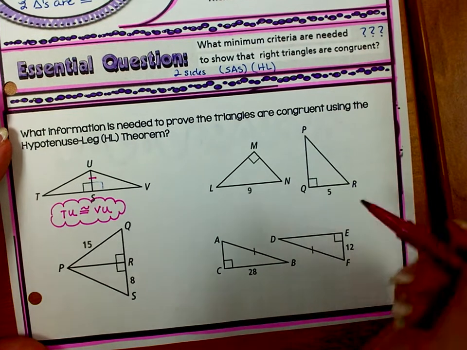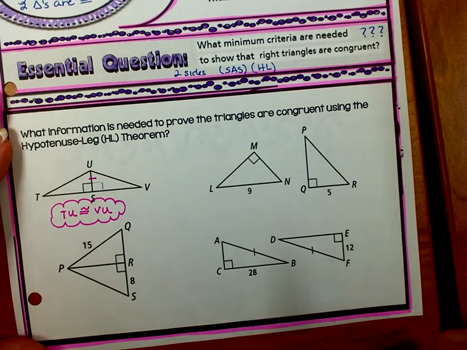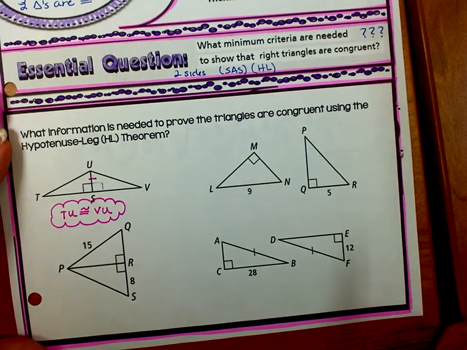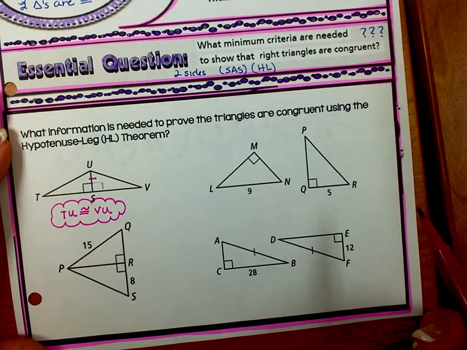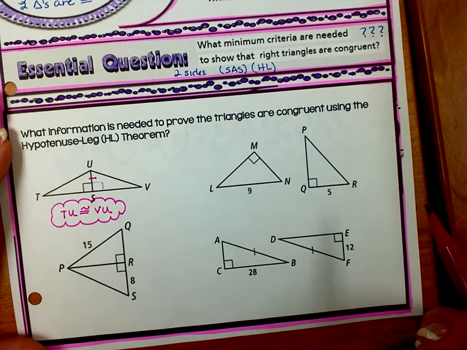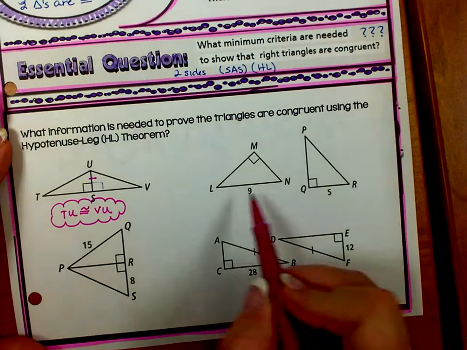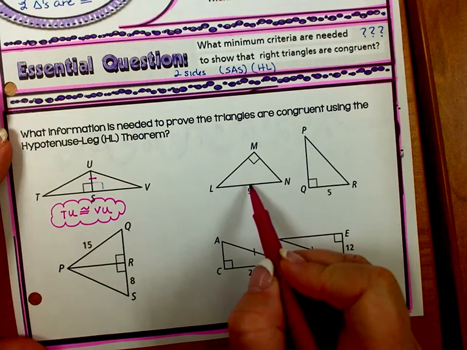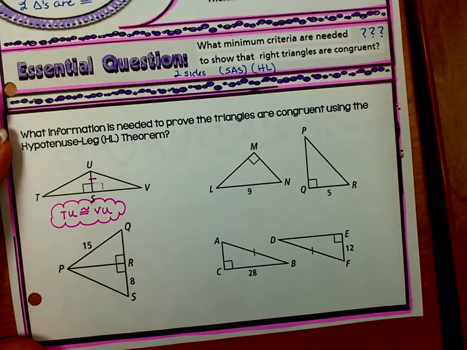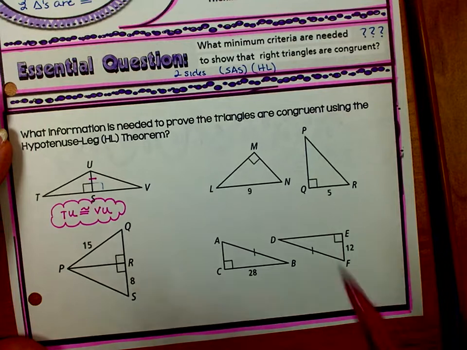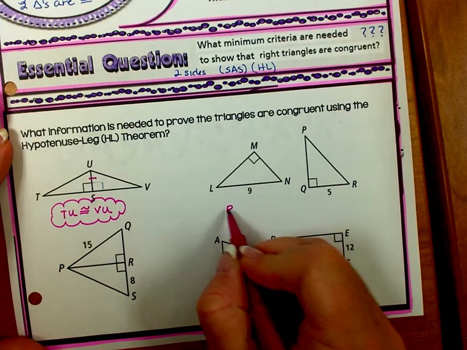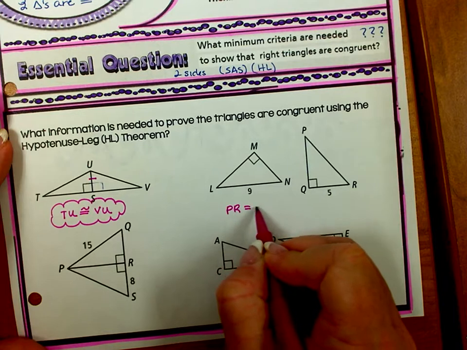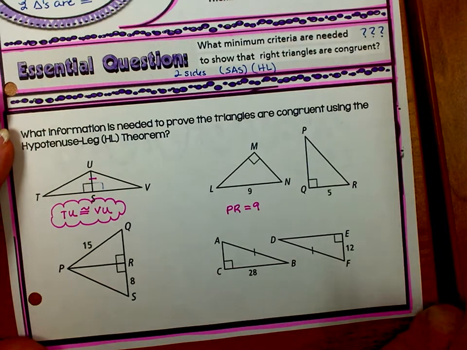Okay, let's take a look at the second one. I have two right triangles, and for this one, I don't know anything else about the sides. So I know that the hypotenuse, which is the side across from angle M, which is the right angle, equals 9. So if I know that PR equals 9, then I know that those two are going to be the same.